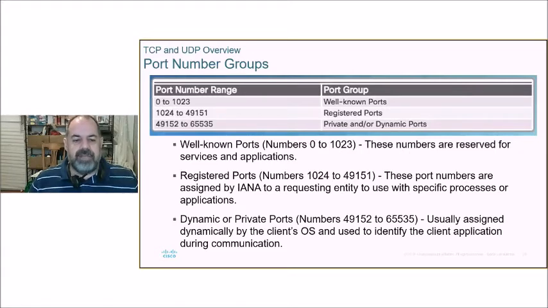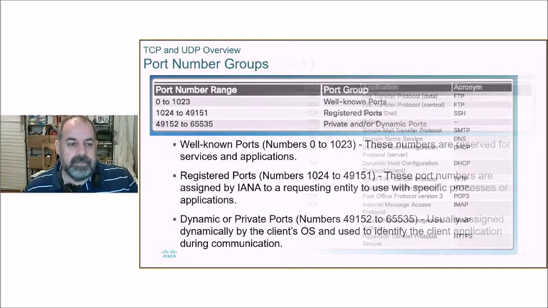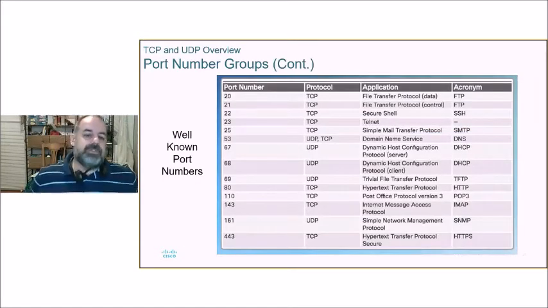Above 1024, they can still be used for services as well, but they're not typically as well known. They can also be used for dynamic port numbers. And above 49,152 will always be dynamic or private.